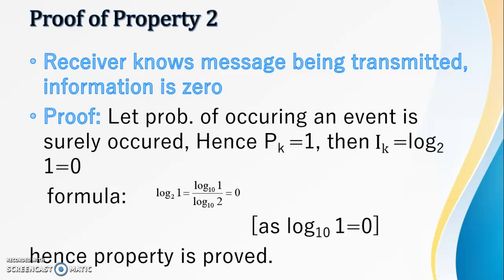So information contained in this event is Ik equals to log 2 1, because here the p value is 1. By putting the value, we get the information contained in the message is 0. So it is also proved.